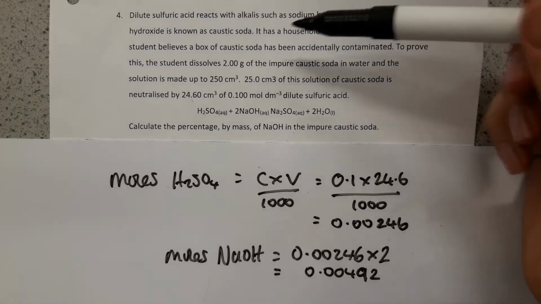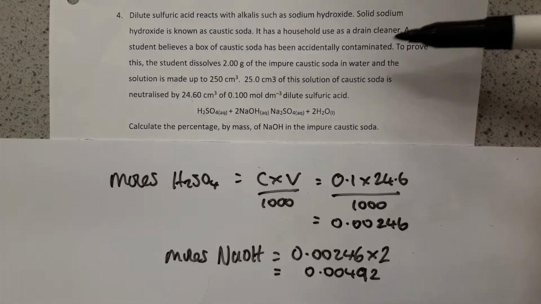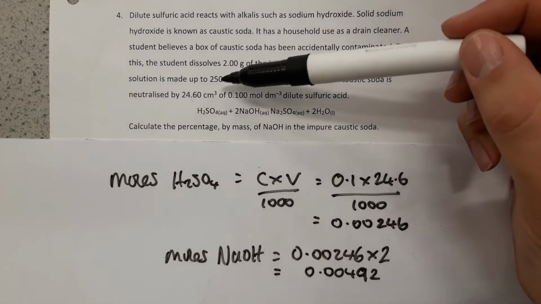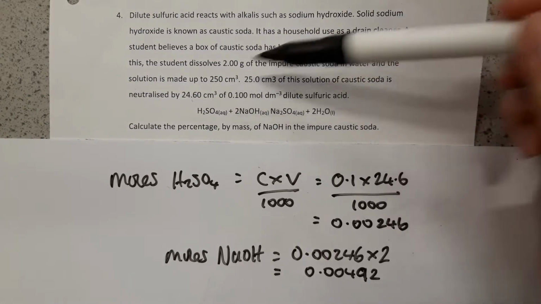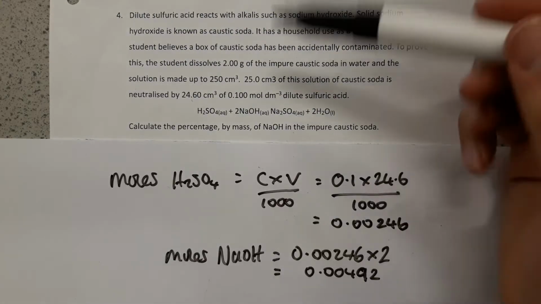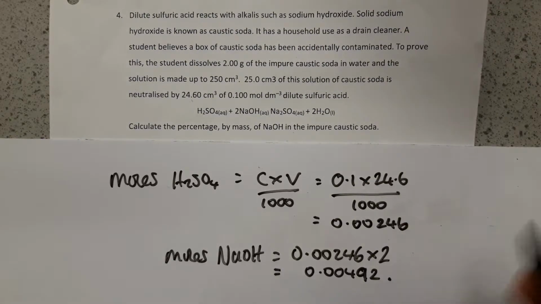Now this is where you have to stop and be very, very careful and look back at the information you're given. To prove this, the student dissolved 2 grams of impure caustic soda in water, and the solution is made up to 250 centimeters cubed. 25 centimeters cubed of the solution is neutralized. So this value is for the moles of sodium hydroxide in only 25 centimeters cubed.